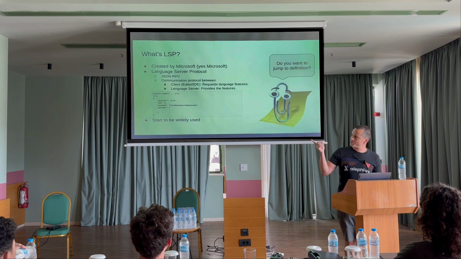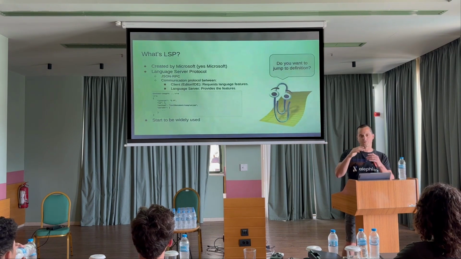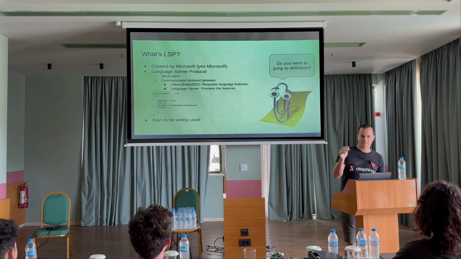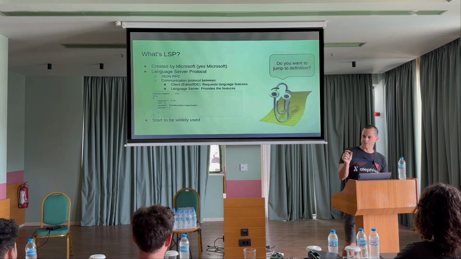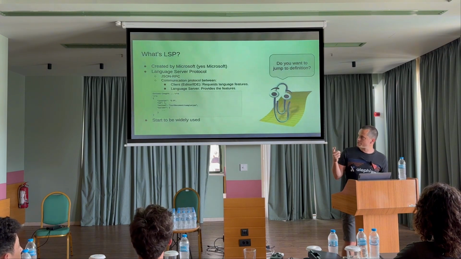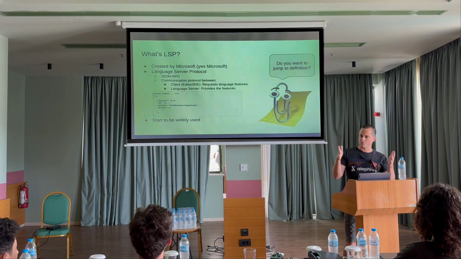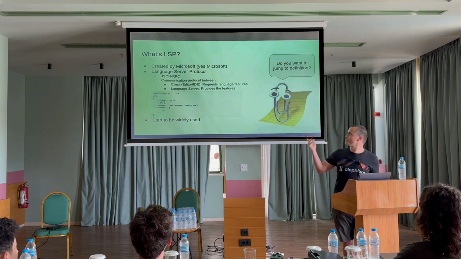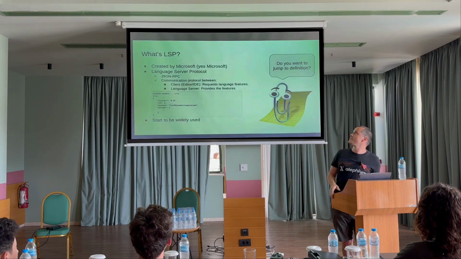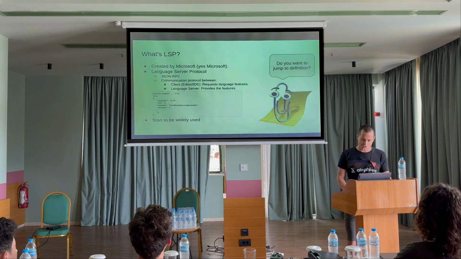In the parameters, it will typically be the current file, the current line number, and the location in the line. Then the server, since it knows the code, can return a list of completions that match where you are in the code. And unfortunately, we can see that Clippy didn't really understand the question.